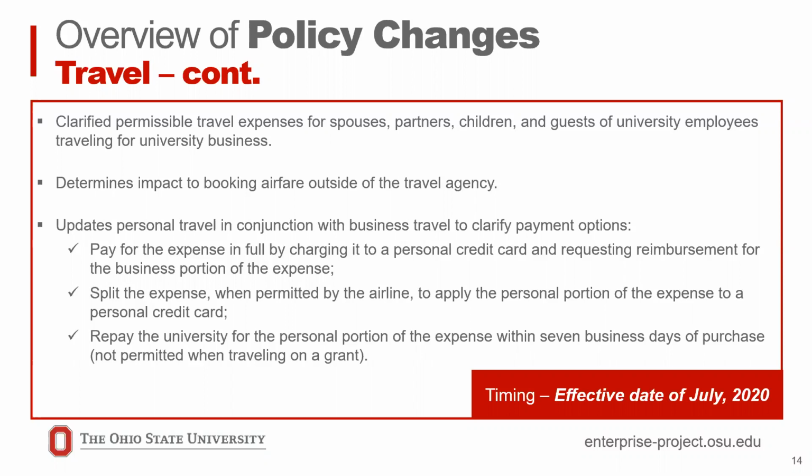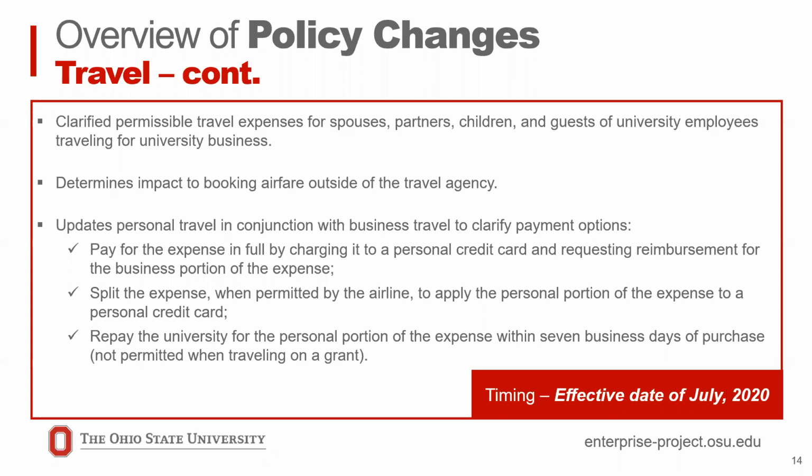We did clarify permissible travel for spouses, partners, guests, really guests of the university traveling for university business. We did update or refine the language associated with booking airfare outside of the travel agency. The general context is still the same.